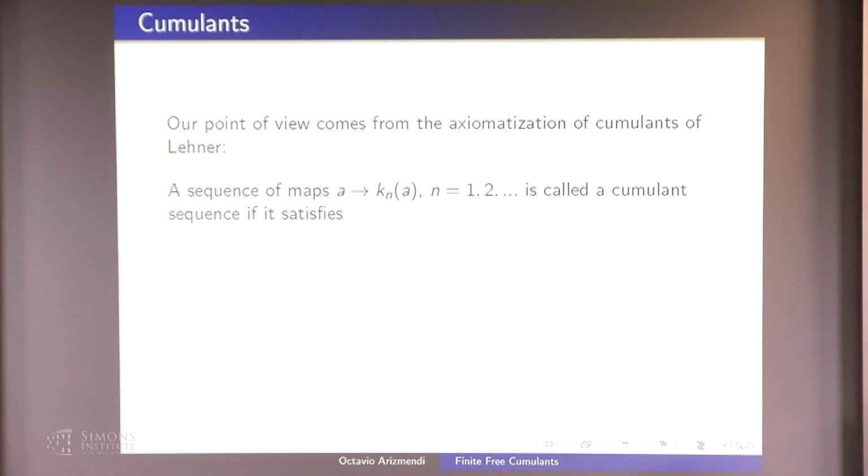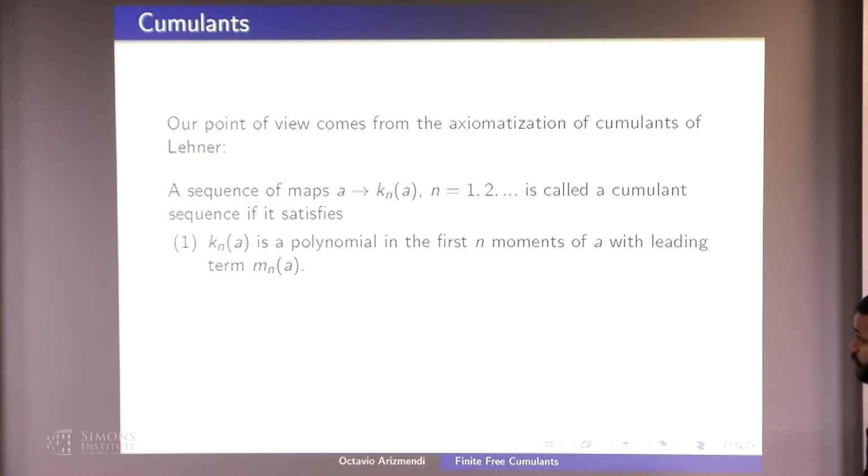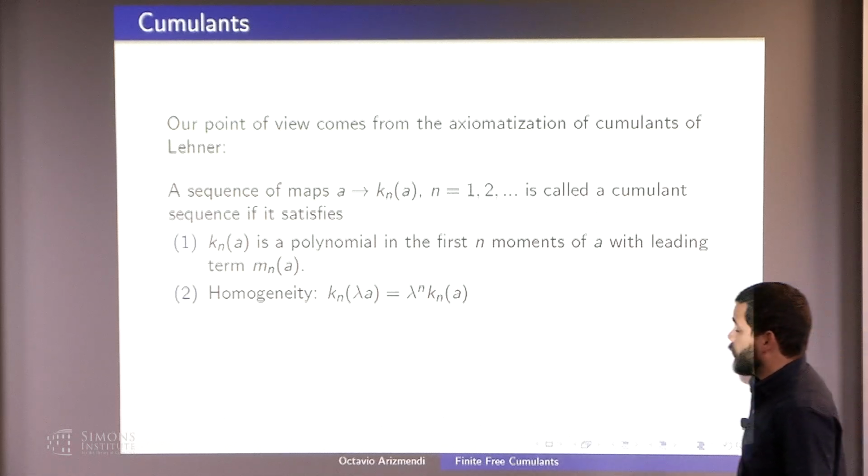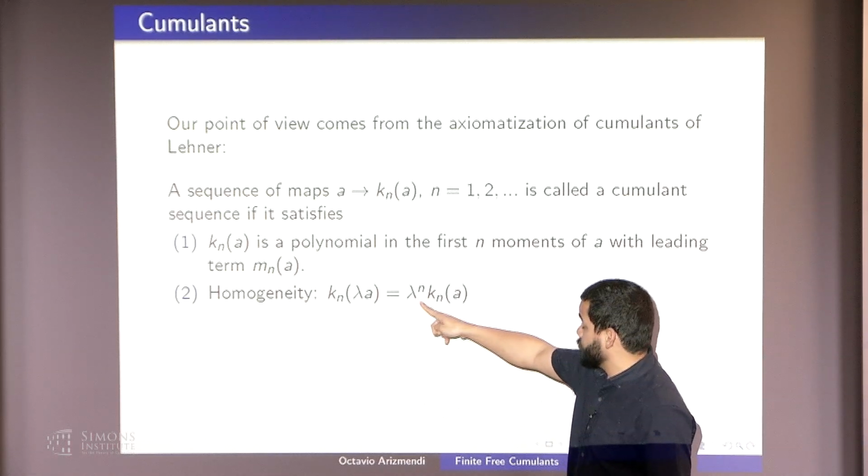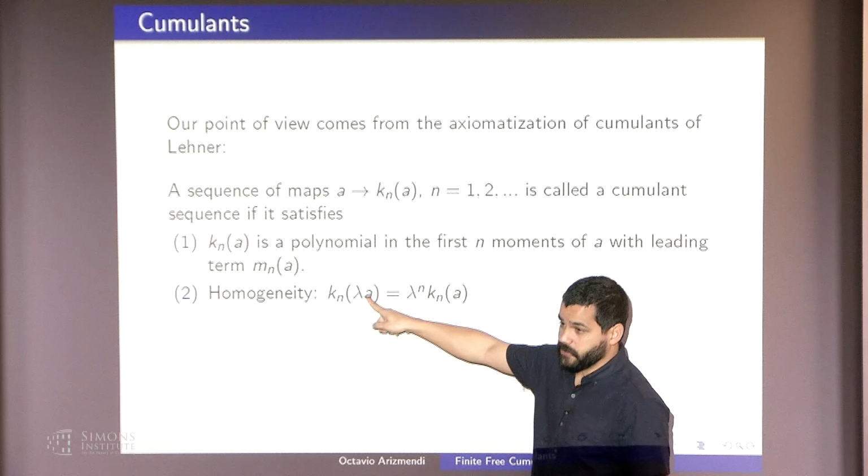Okay, so we will have three properties. The first property is saying that they have the same information, meaning that if I know the first n moments, I know the first n cumulants and vice versa. The second property is that it behaves well when I multiply by a constant.